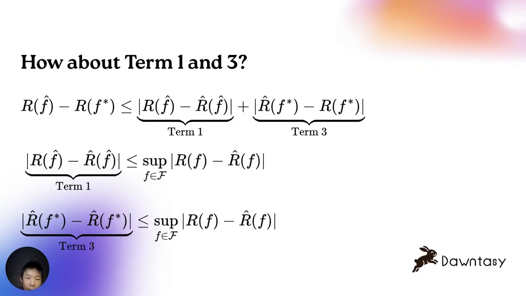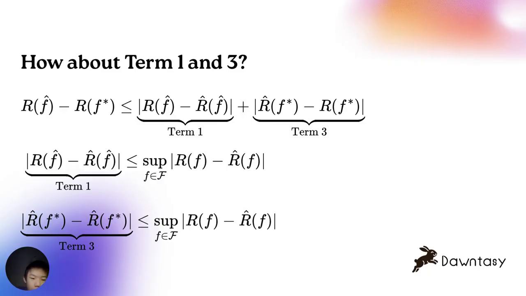So this is what happens when we've dropped that term. But you can see here that we've changed the sign from equals to less than or equal to, and we've added absolute values for term 1 and term 3. We do this because of the triangle inequality, which states that the absolute value of a plus b plus c is always less than or equal to the absolute value of a plus the absolute value of b plus the absolute value of c.